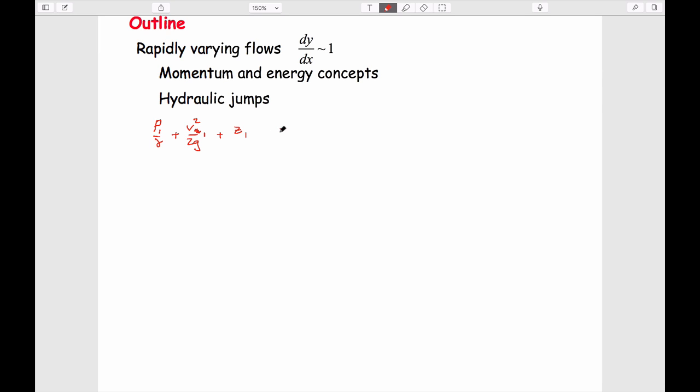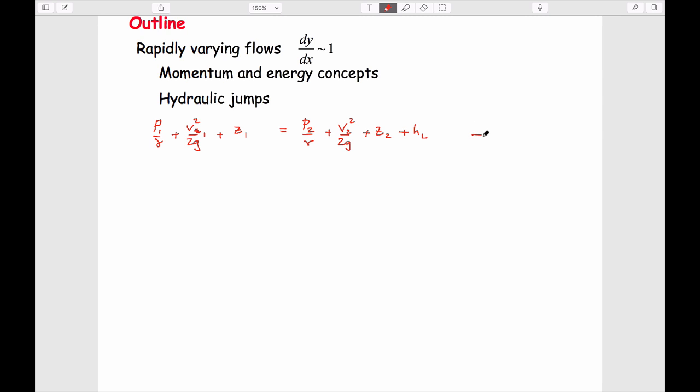We won't put in the magnitude for pump head, and P2 again by unit weight. The velocity at a downstream location squared over 2g, the velocity head term, and the elevation component, plus a head loss.